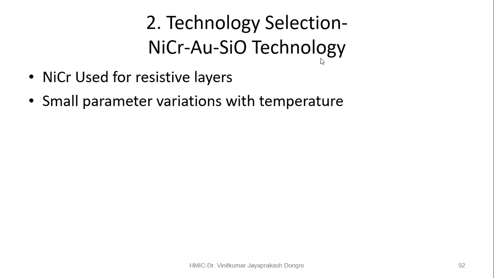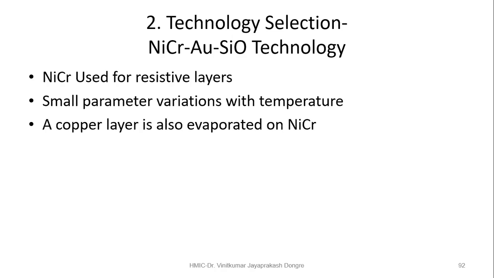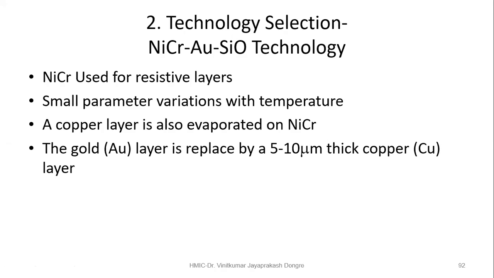This is what I have to mention here. There is small parametric variation with temperature with this NICR, and the copper layer is evaporated on the NICR. Also here is gold, that is AU.